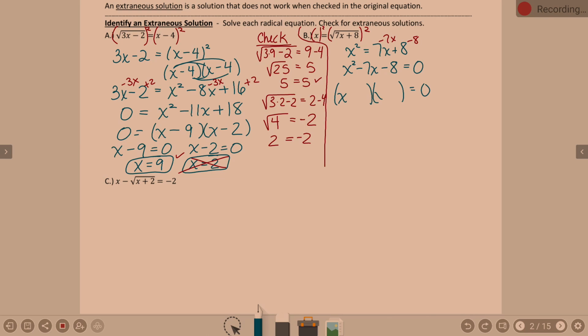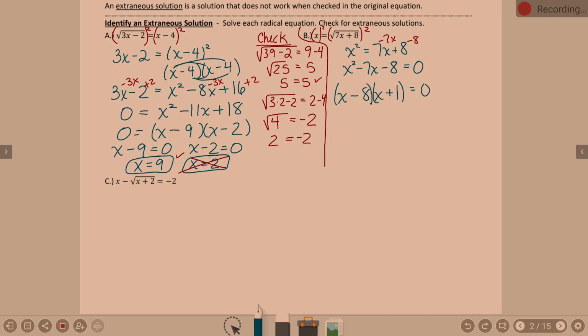I'll take the fronts of the parentheses. x squared breaks into x times x. What do you got for numbers? Negative 8 and 1. Okay. Negative 8 and 1 multiplies to be negative 8, and negative 8 plus 1 adds to be negative 7. Okay.